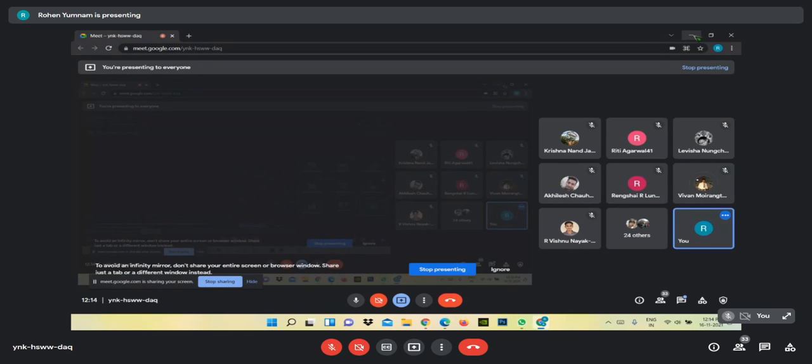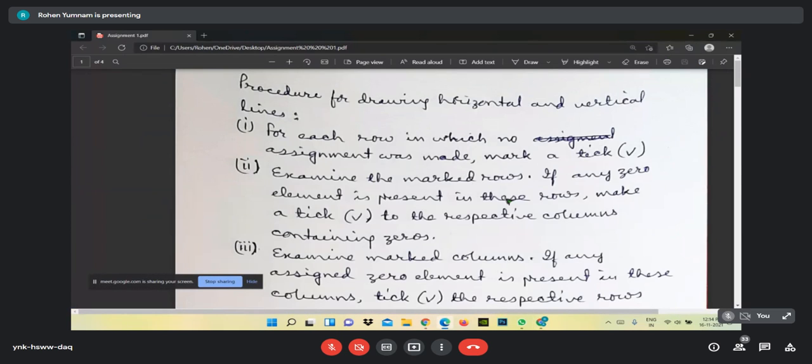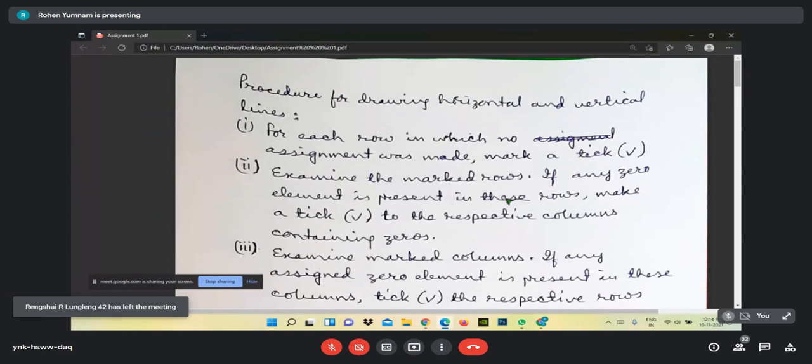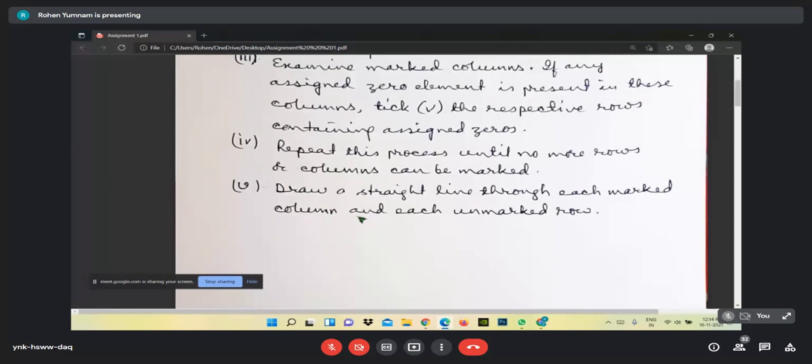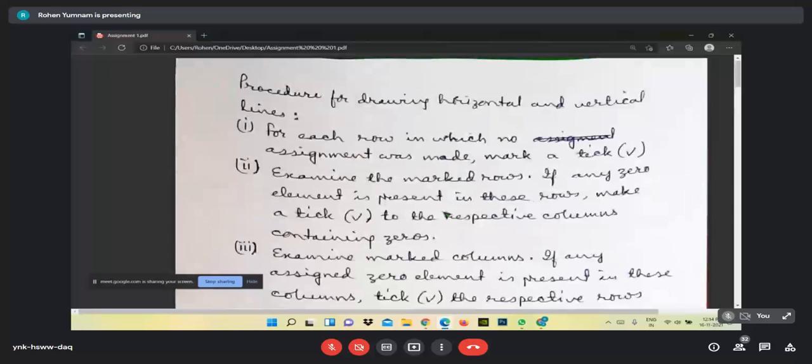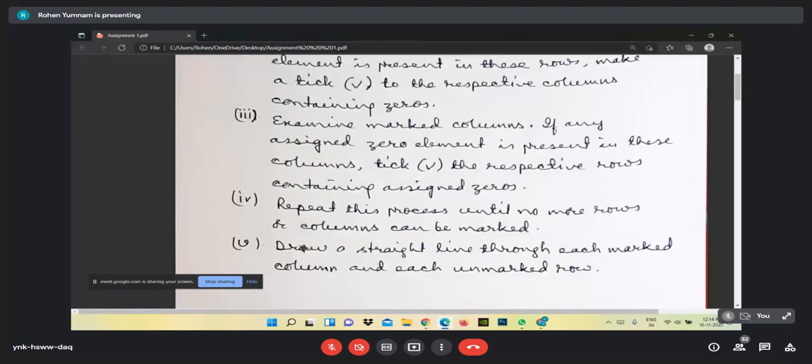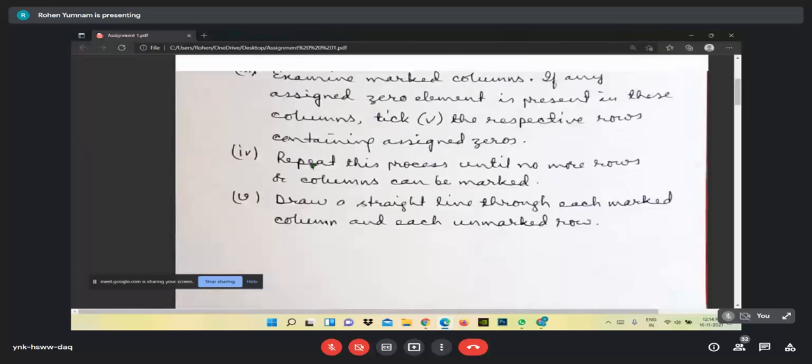Yes, sir. Okay. We had already discussed the assignment problem, and in that we are drawing vertical and horizontal lines, and this is the procedure for drawing the horizontal and vertical lines. If you draw in this way, then there will be no confusion whether all the zeros are covered or not, and you had better follow these 5 steps and draw the line.